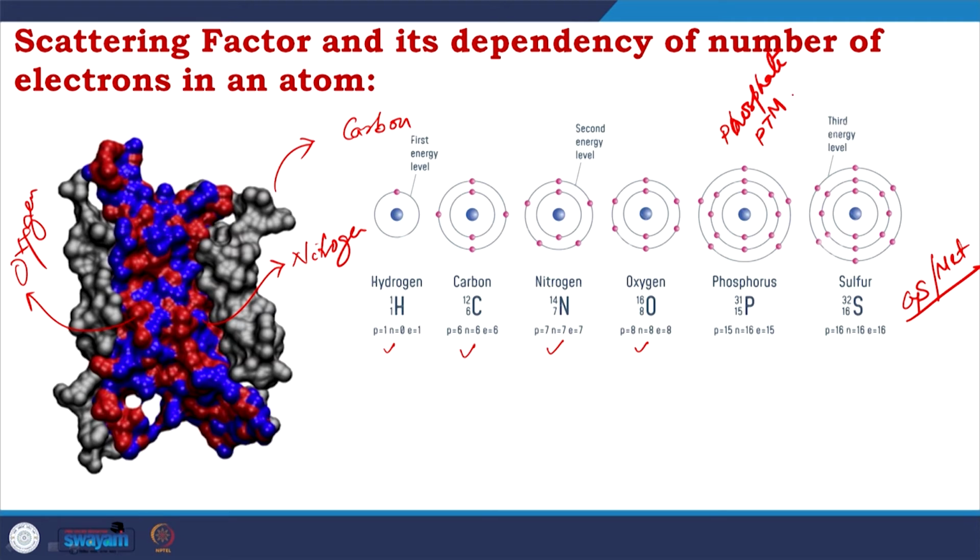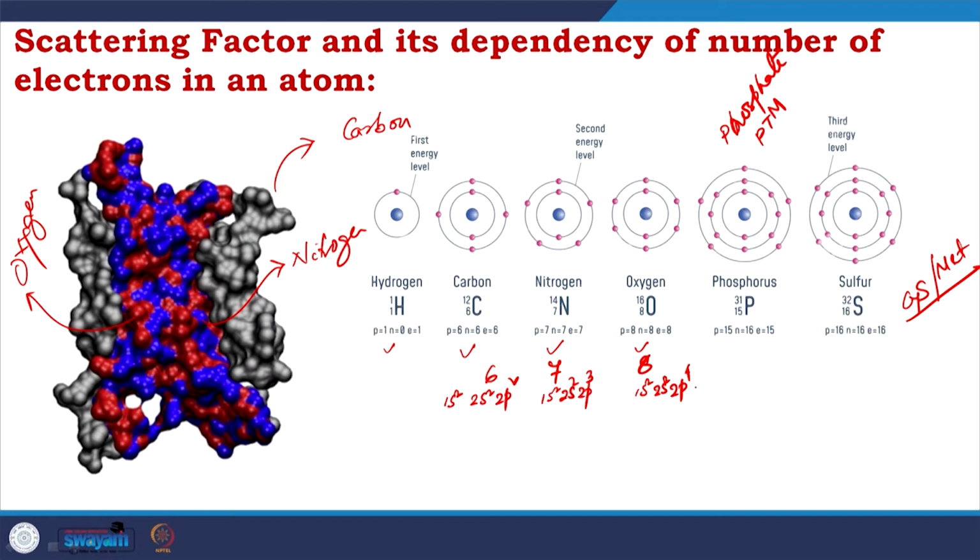Now, very interestingly, if you compare carbon, nitrogen and oxygen, who are the major scatterers, they have 6, 7 and 8 electrons: 1s2, 2s2, 2p2; 1s2, 2s2, 2p3; 1s2, 2s2, 2p4.